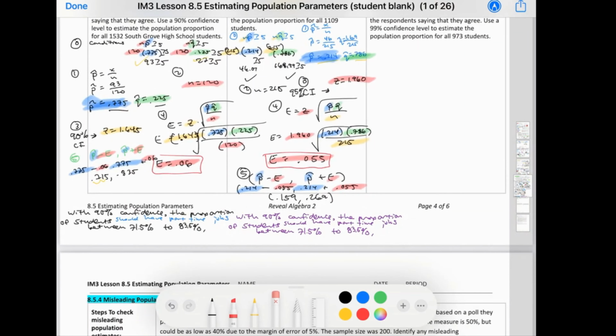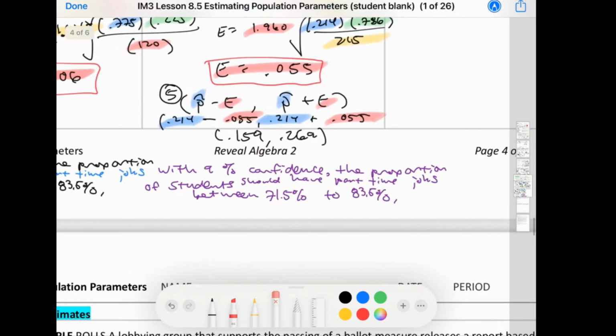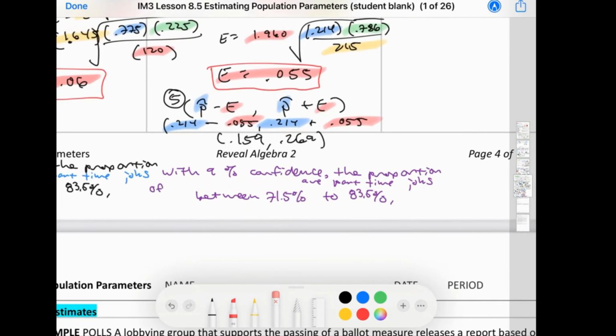With a 95% confidence, I know we're going to write something in there, and that number is going to change.